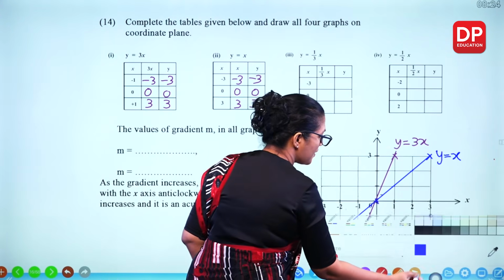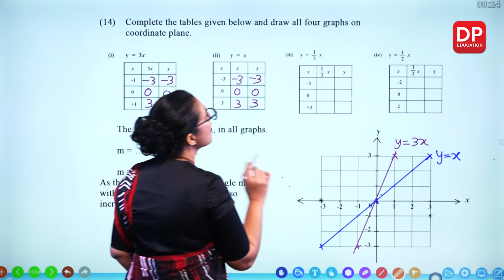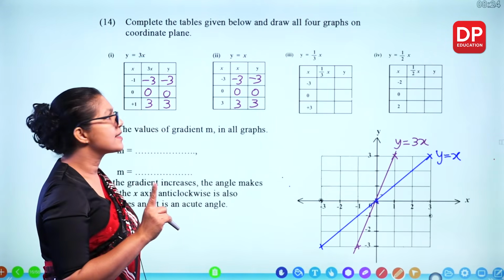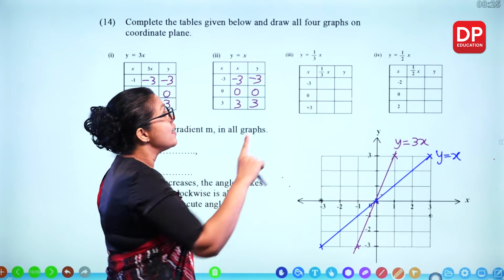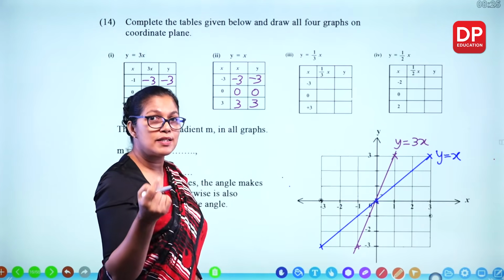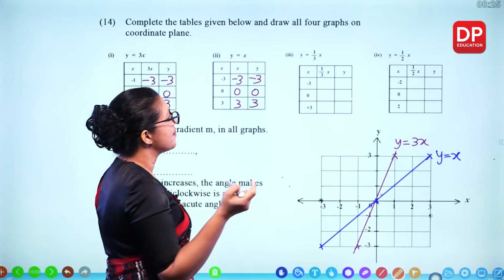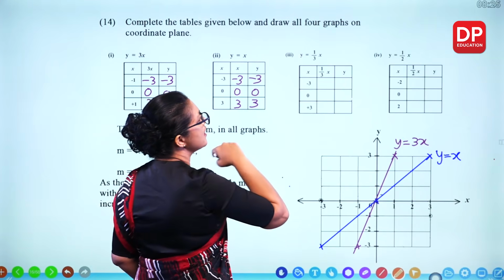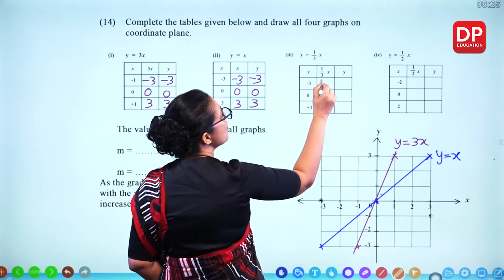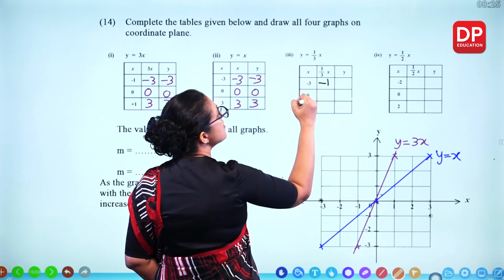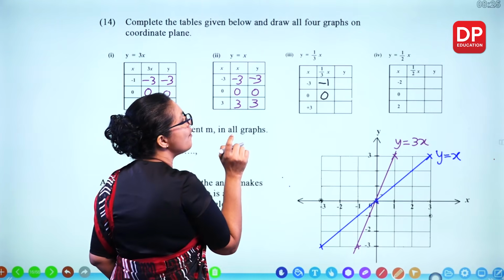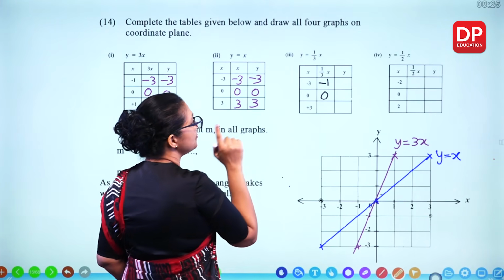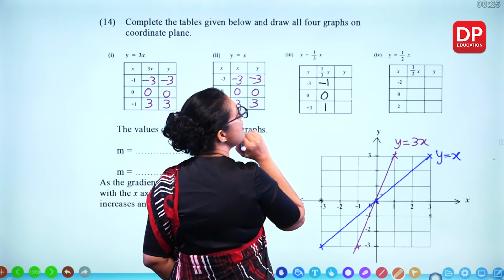Now we'll take another color. Now y equals 1/3 x. So you need to divide by 3. It's easy to take multiples of 3 for x: -3, 0, 3. So divide by 3, you get -1. 0 divided by any number is 0. Then 3 divided by 3, positive 1.